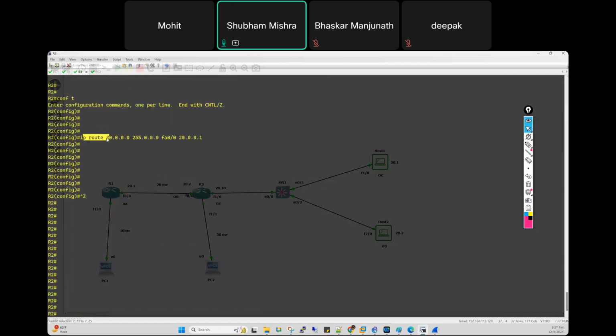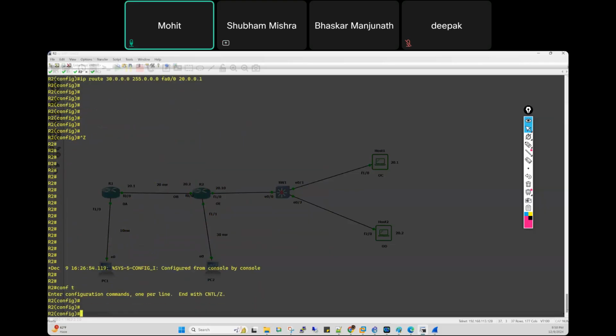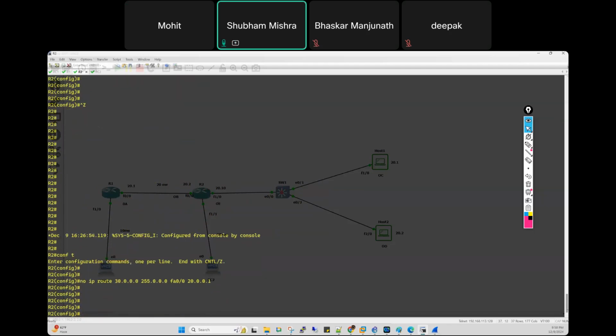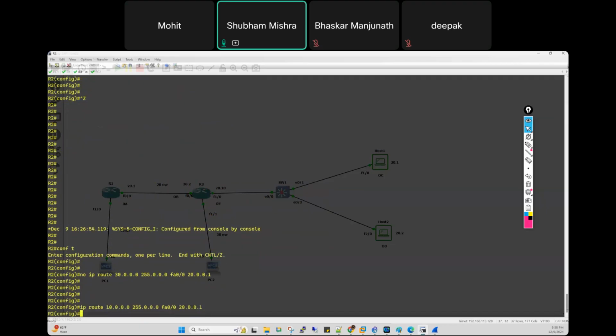On R2, what did you run? 30, na? On R2, which network is unknown? The 10th network is unknown, guys. Not 30. Right, na? IP route 10.0.0.0, 255.0.0.0, FastEthernet 0/0, and 20.0.0.1.